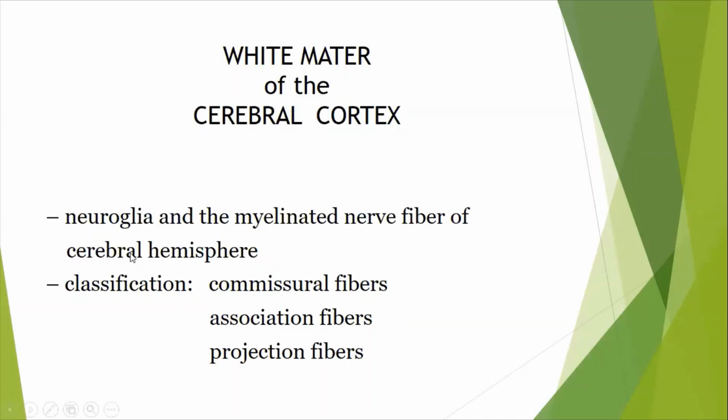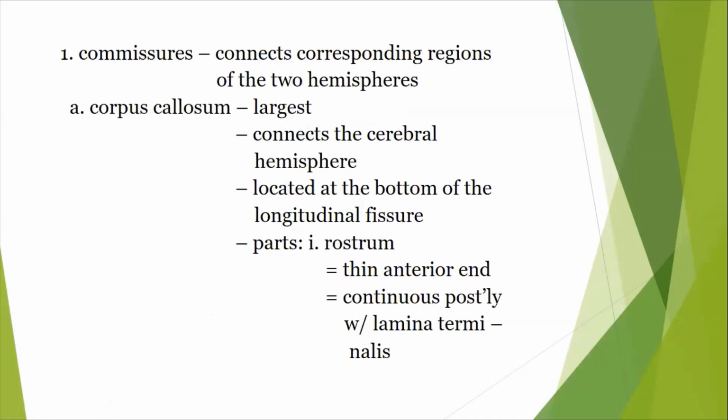the gray matter. So the commissures, these will connect corresponding regions of the two hemispheres. The biggest and largest is the corpus callosum. Remember, the white matter in the medial surface of the cerebral hemisphere is a sort of curve C on the medial surface, middle portion.